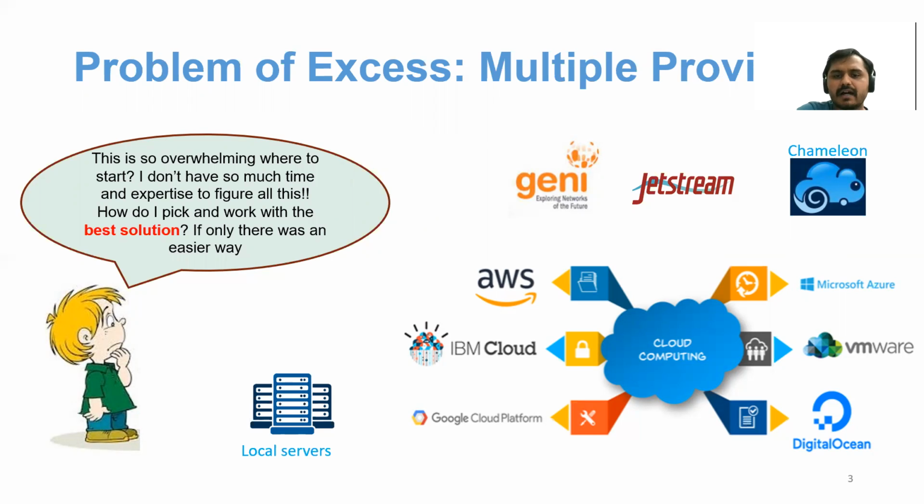Apart from these cloud providers, which are more driven by economics, there are other resources which are funded by government, which are Genie, Jetstream, and Chameleon, which give lower cost but are used mostly for this kind of analytics or network problem solving.